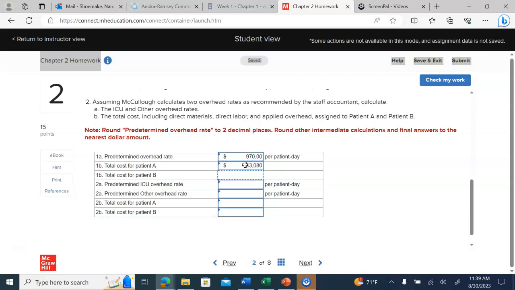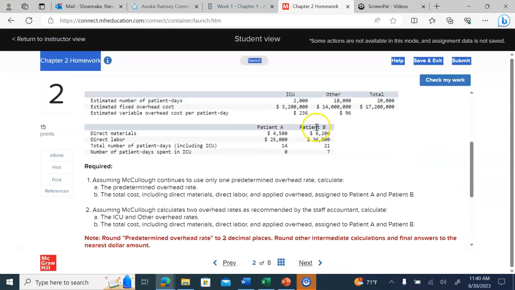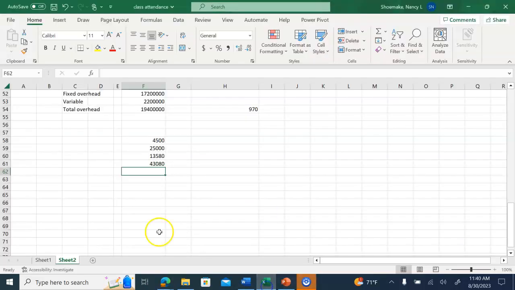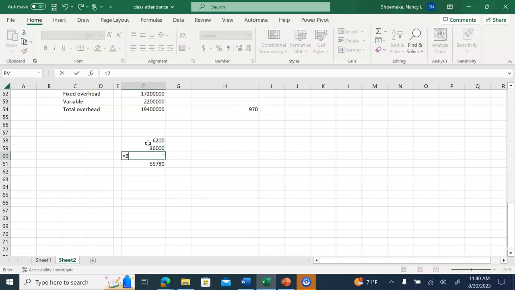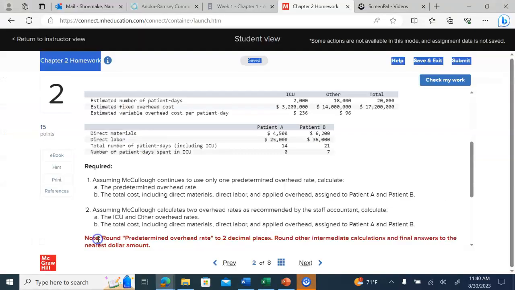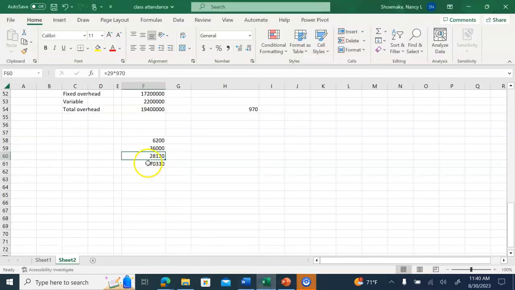43,080. For patient B, we've got 6,200, 36,000, and 29 days, right? 6,200, 36,000, 29 days times 970. I'm sorry, 28 days.